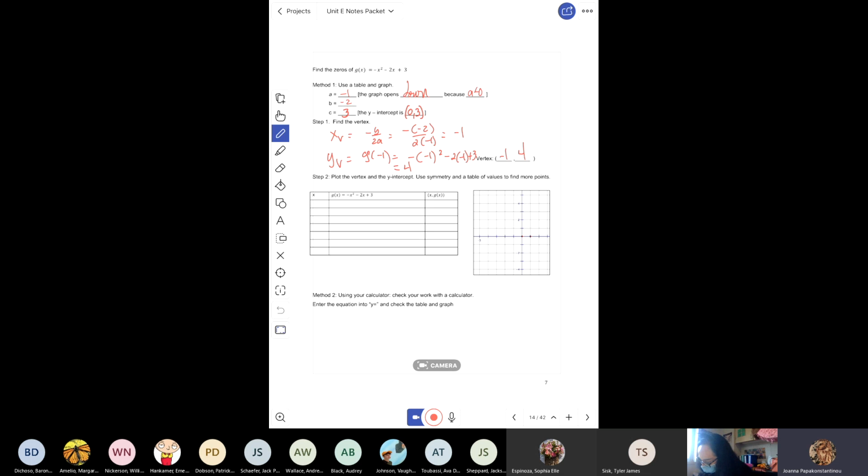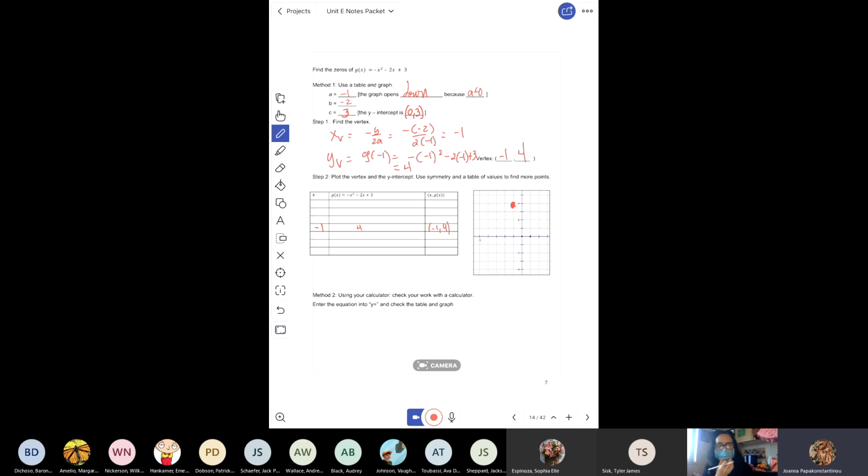Let's plot it. -1, 4. So again, you put as many values as you want in there. I'm going to just put this somewhere here. -1. And so the point is -1, 4. We already found that.